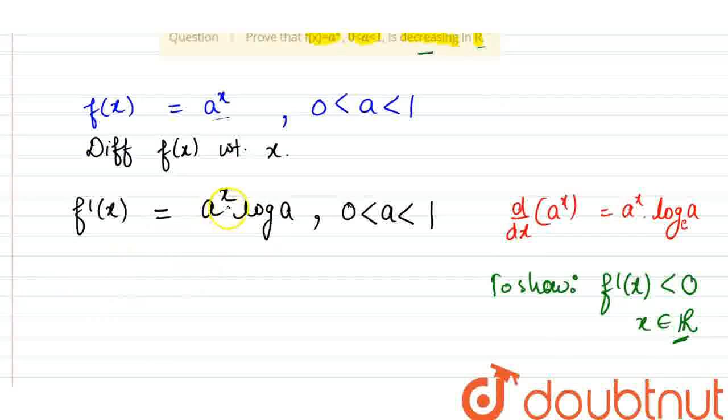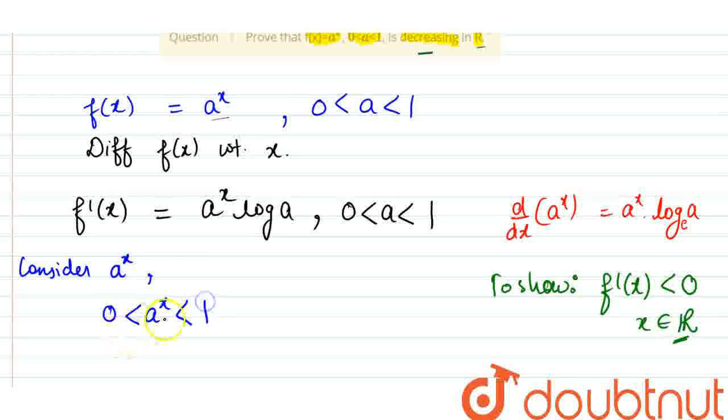So now look at the f dash x function. We have a raised to the power x into log a for a lying between 0 and 1. So if we consider a raised to the power x function, it will actually lie between the values 0 and 1.